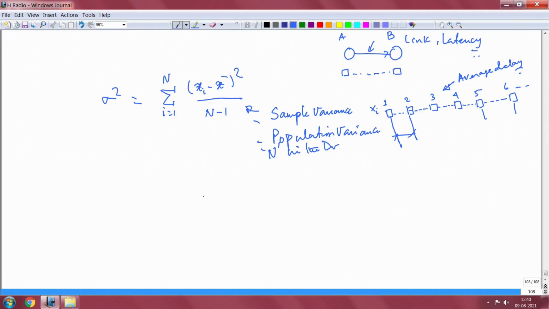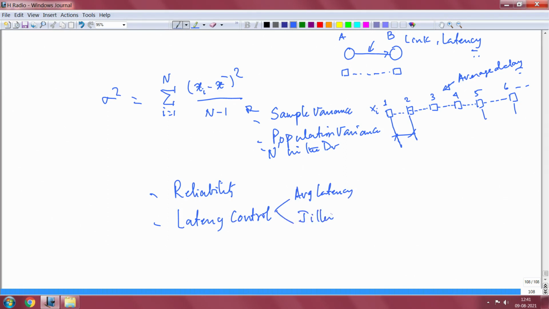Now, as we discussed here, we need reliability, and we also need latency control. I will simply say latency control, which essentially means average latency and also the jitter associated with the latency.